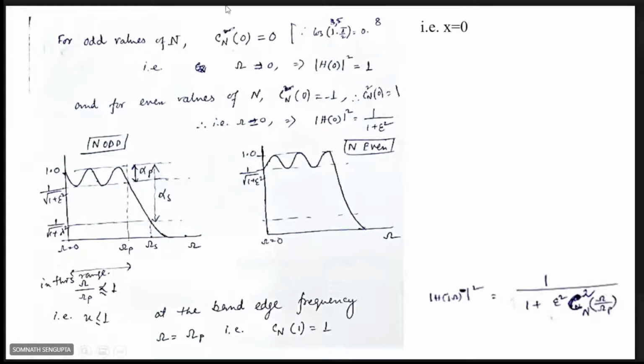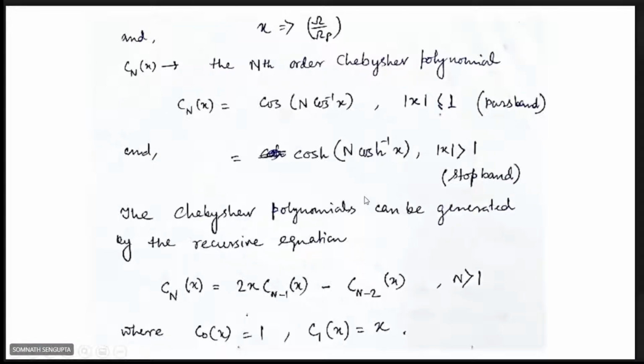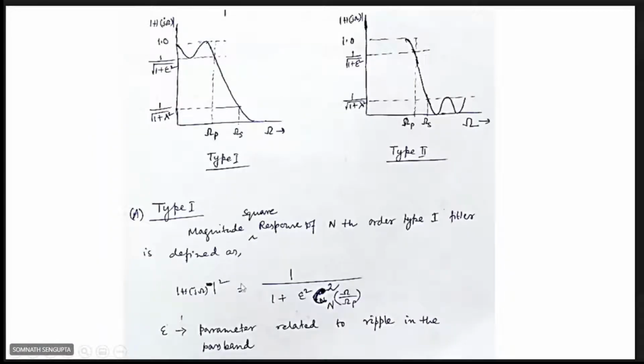So at omega equal to 0, the magnitude square function is 1 by 1 plus epsilon square into Cn square. Now this Cn is 0, so it is 1 for n odd.